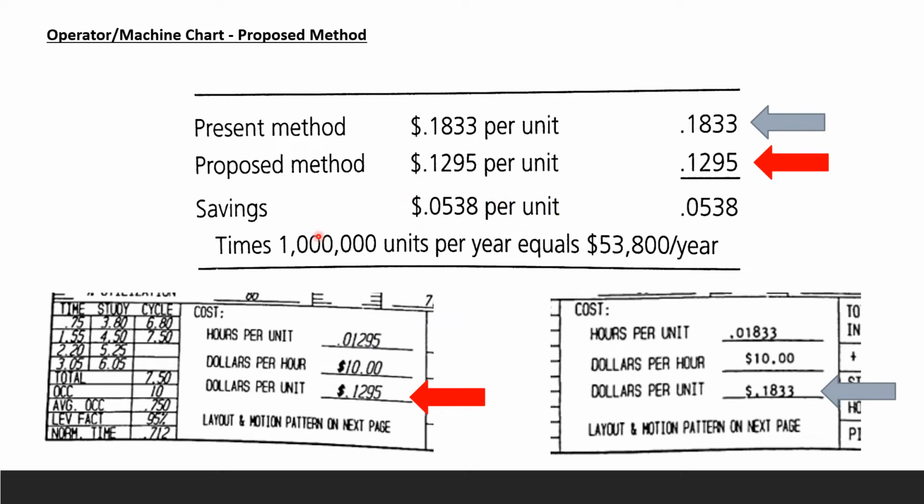For 1,000,000 units or pieces per year, you multiply this and you will get $53,800 saving. And this saving is only for one operator, and only one operation, with several work elements.